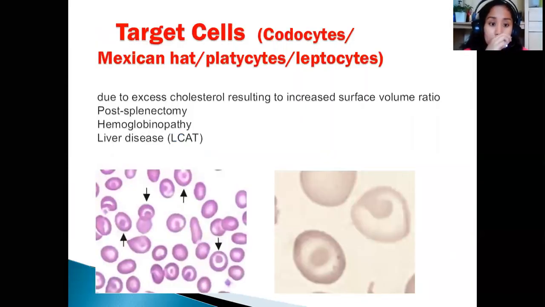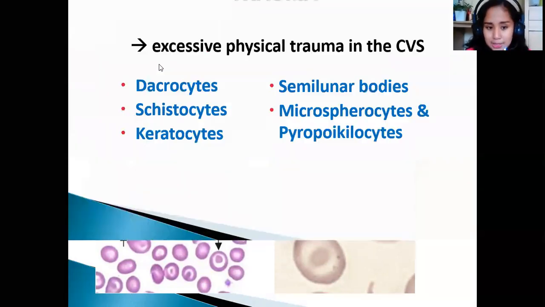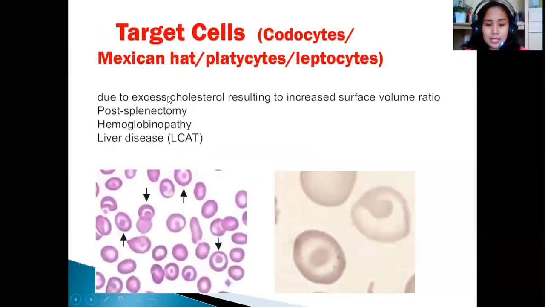Next, target cell. So, babasa niyo na naman, LCAT na naman. Ang laki ng effect ng cholesterol sa membrane. So, target cells or codocytes or leptocytes, tatanong ko lahat yan. Mexican hat, sombrero cells. Once it's on the side, mga sombrero.